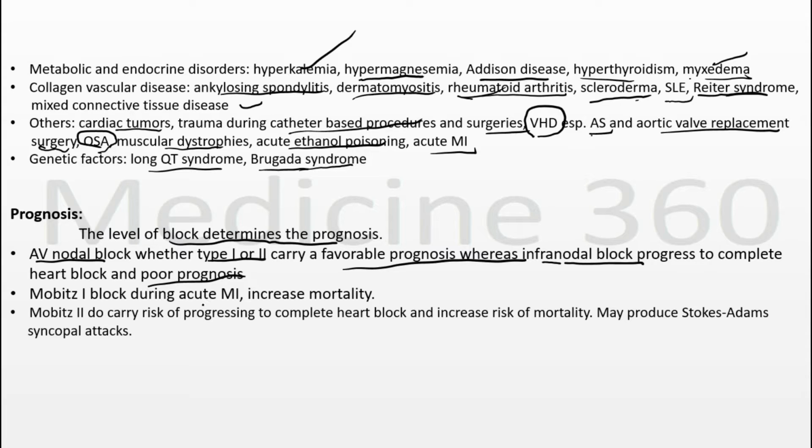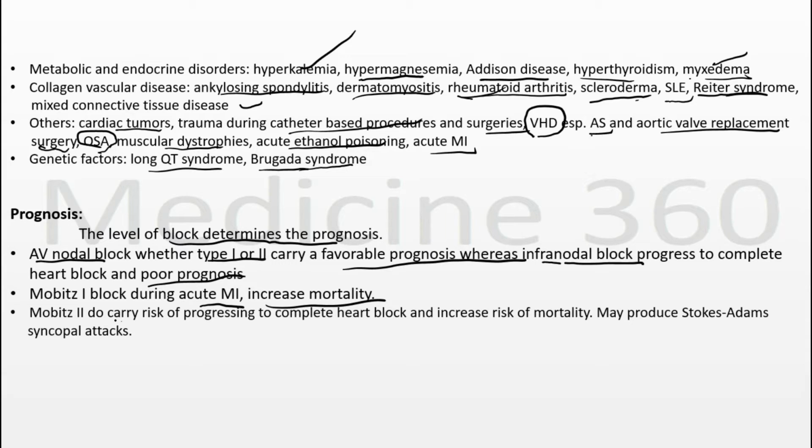During acute MI, it increases mortality. In myocardial infarction, the heart block can be temporary and can resolve on its own. But in case of permanent or symptomatic heart block, we do the treatment.